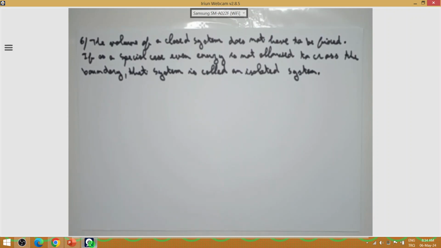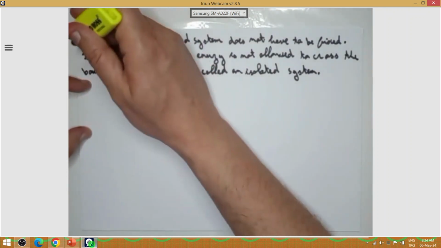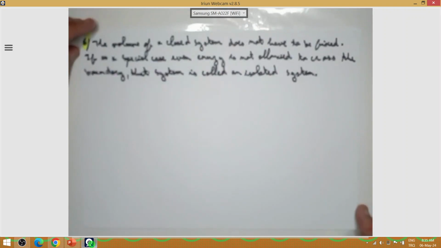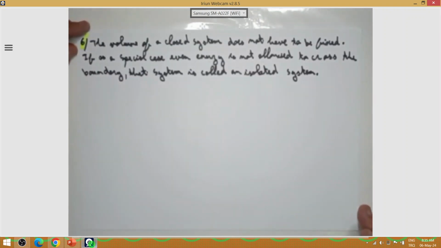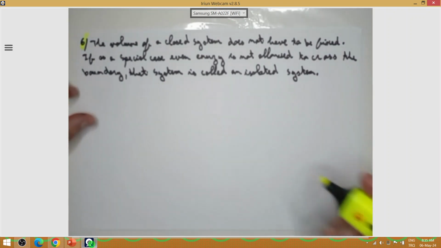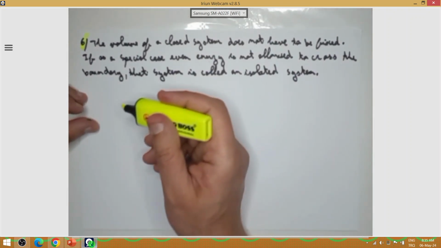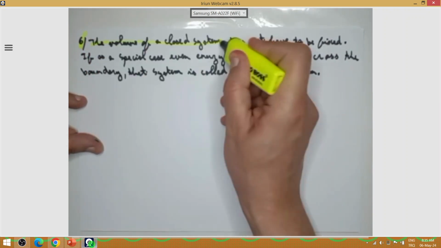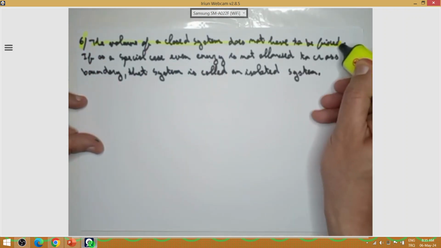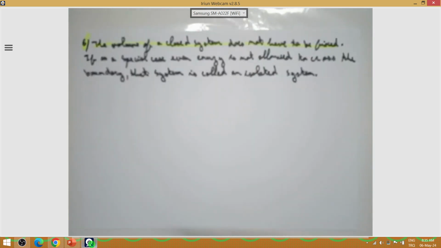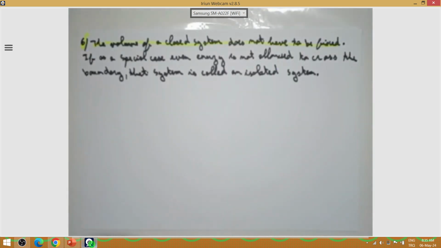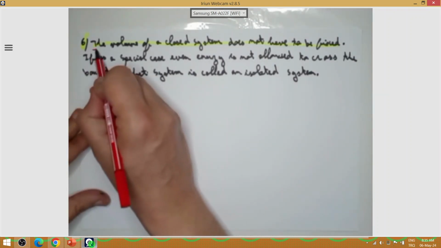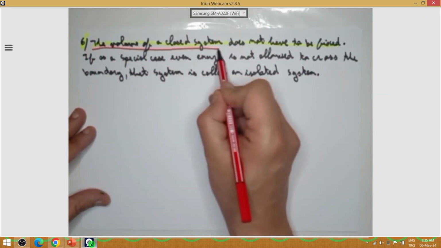Here I will highlight note 6, and I will highlight this sentence. The volume of a closed system does not have to be fixed.